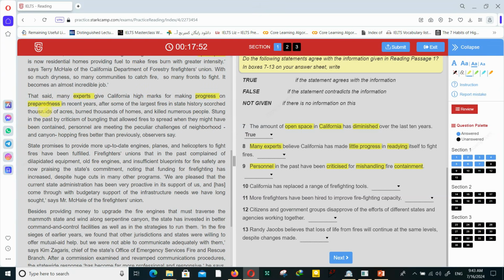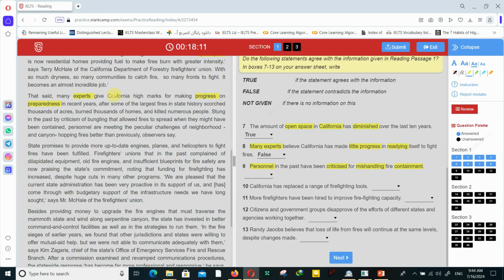Preparedness is coming from prepared, being ready, in recent years after some of the largest fires in state history scored thousands of acres. So here it says, believe California has made little progress in readiness to fight fires. It's completely wrong. It's false, actually.